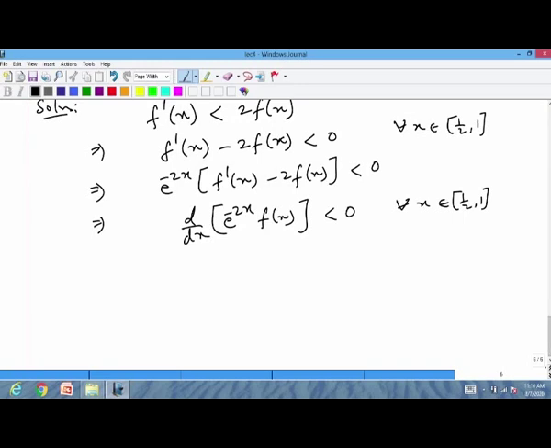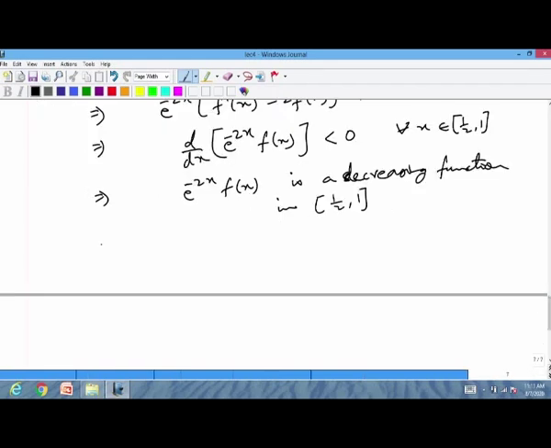Now, we know that if the derivative of a function is negative in an interval, then this implies that e to the minus 2x times f x is a decreasing function in the interval half to 1.